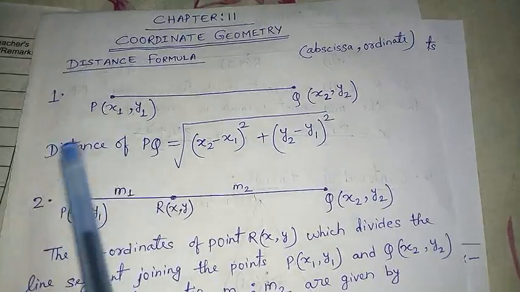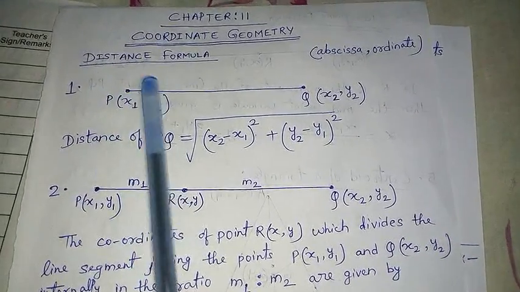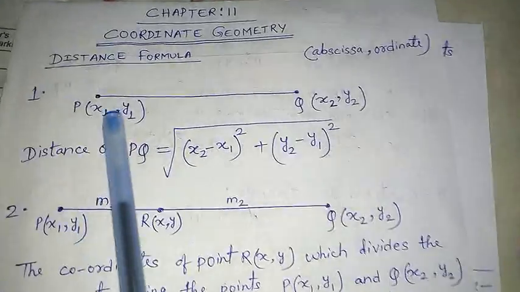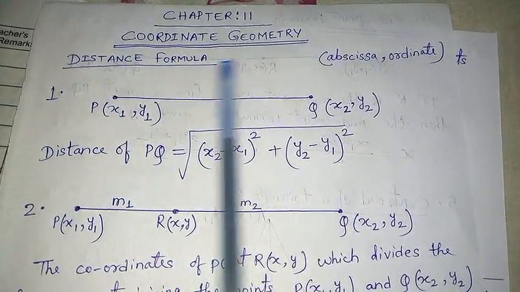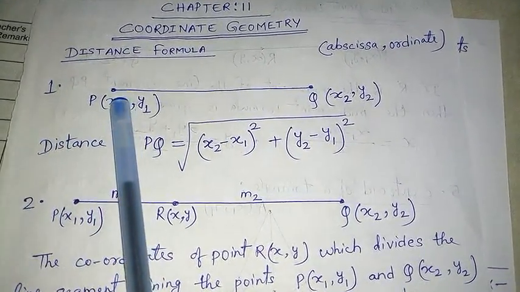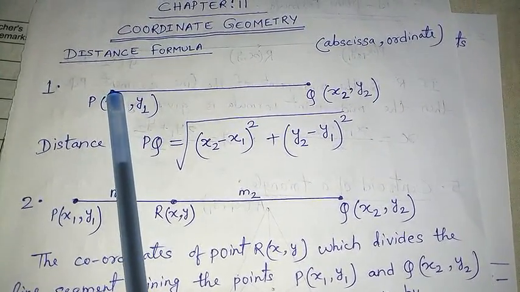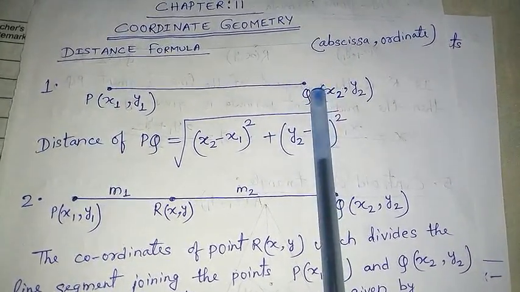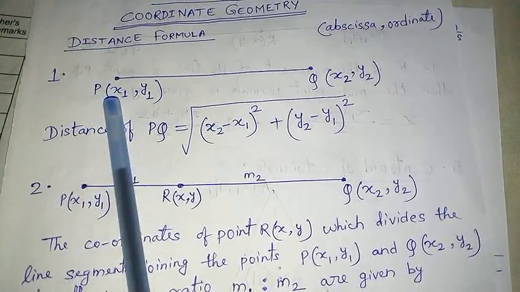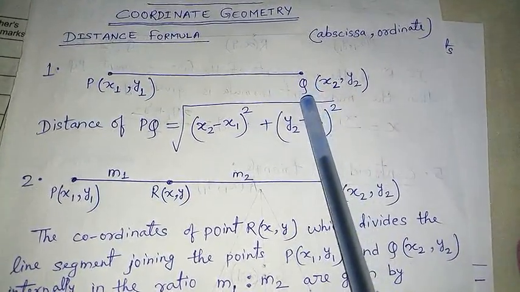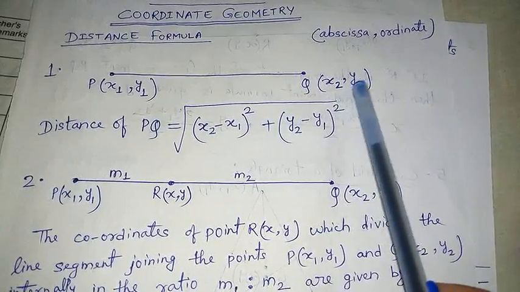Today we are going to learn some formulas, and related to the formulas we will also solve some examples. First, the distance formula. Suppose there is a straight line whose first point is P and the ending point is Q. Suppose the coordinates of point P are x1, y1, and of point Q are x2, y2.